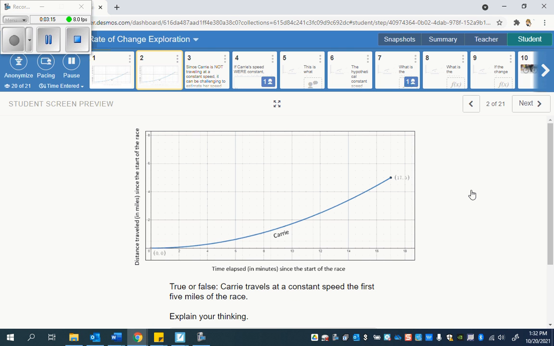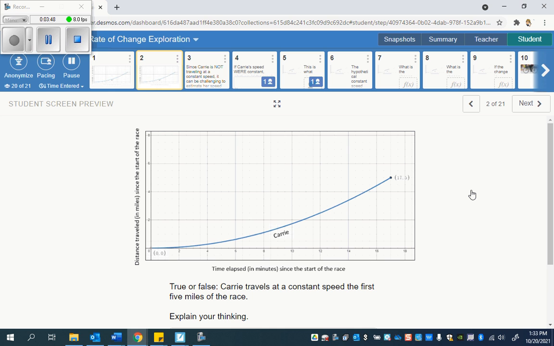Okay. So true or false, Carrie is cycling at a constant speed. How's that? Not linear. I like that answer. Keep going. What does it mean to be not linear? It's not a straight line, so what do you see instead? Yeah, you see a curve, and when you look at the curve, who's talking to Elaine?